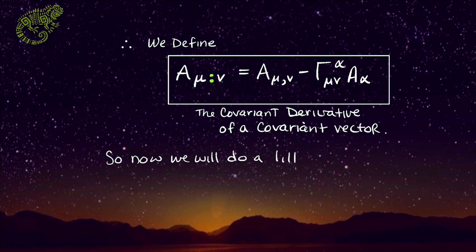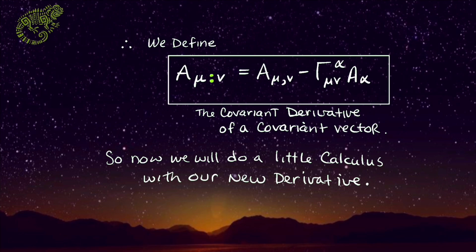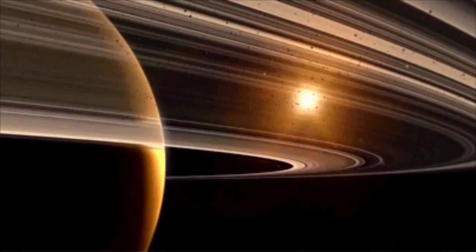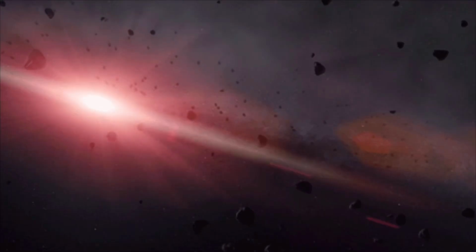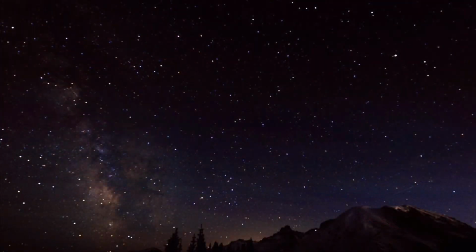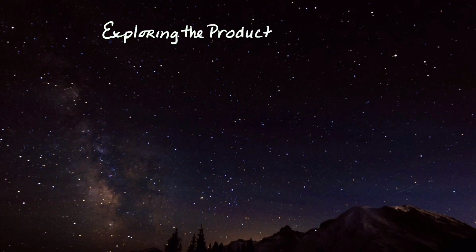Now this is our new derivative here, and so we will do a little calculus with our new derivative. And in a natural way, just like you would in a calculus class, we begin to look at the covariant derivative of a product. Exploring the product rule.